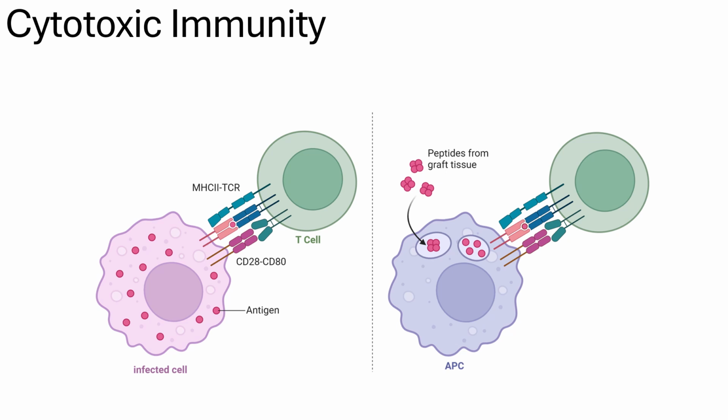Unlike humoral immunity, which relies on B cells to produce immunoglobulins that will then mark the pathogen for destruction, cytotoxic immunity uses the T cells to recognize and directly destroy the pathogens.